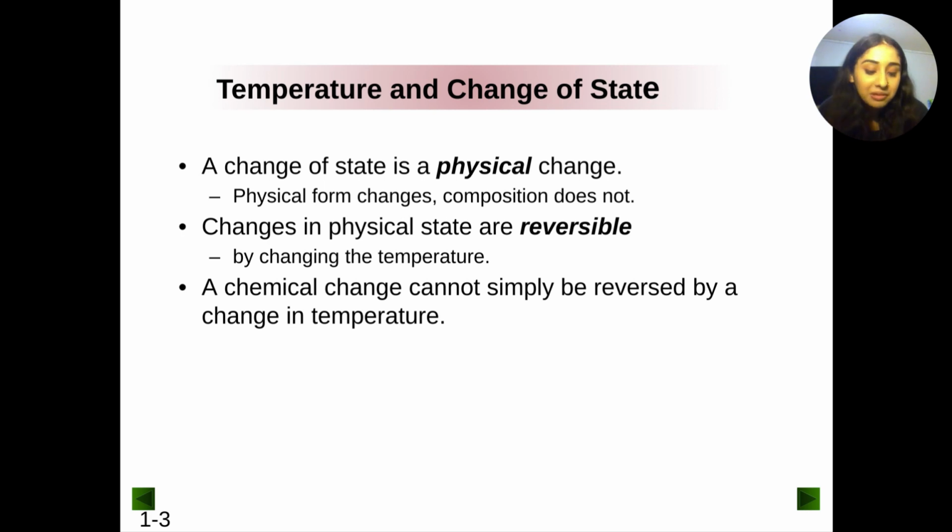It burned up whatever is on the tip, this green stuff. It burned it all up, so I cannot strike this match again. It does not work. If I heat it back up in the microwave or on the stove, it does not work again. But if I were to heat ice back up, it would still be H2O. But the chemical makeup on this switched, so I can no longer simply reverse it by a change in temperature.